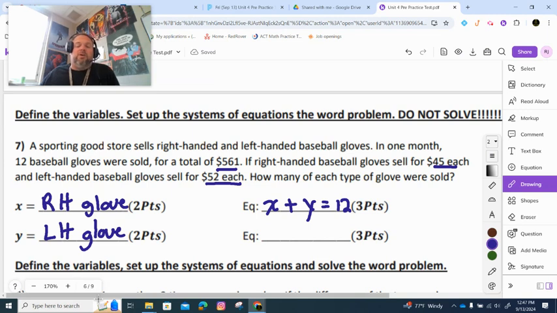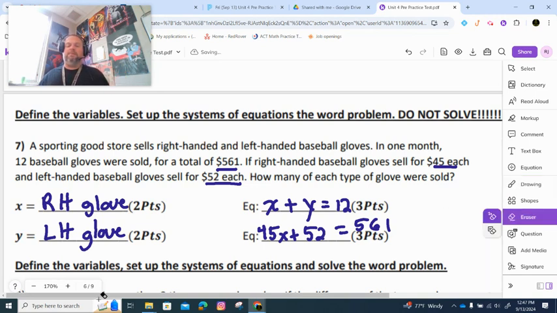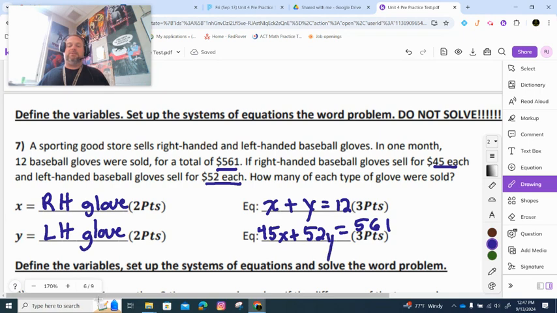How much are the right-handed gloves worth? 45. How much are the left-handed gloves worth? 52. I don't know why I wrote a 6. And that was 561. Okay, so that's all you had to do for that. I put an x where it should be a y.